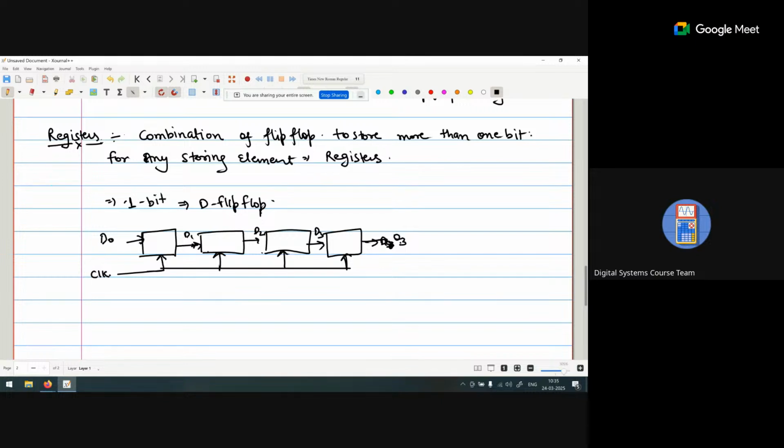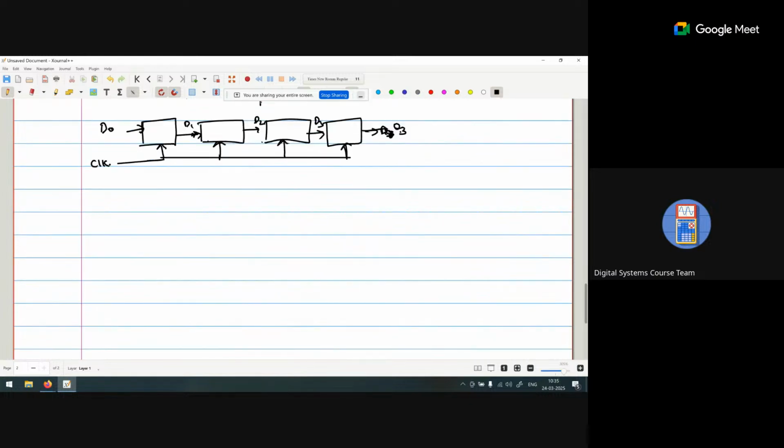Okay, or we can use it in this way, as inputs P0, P1, P2, P3.